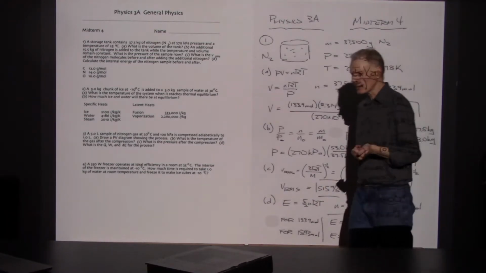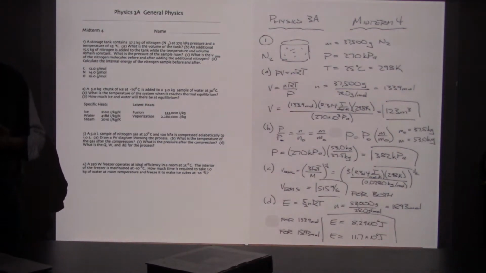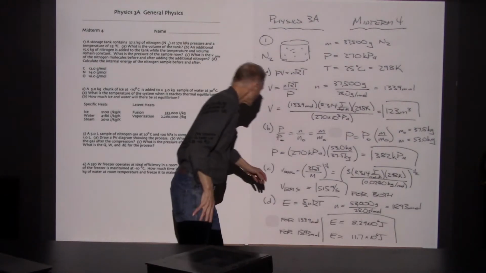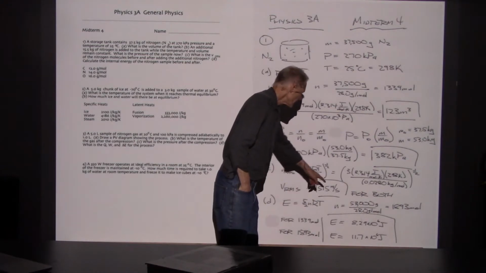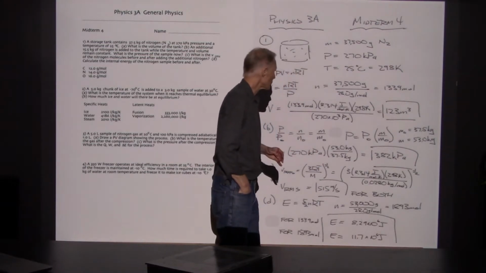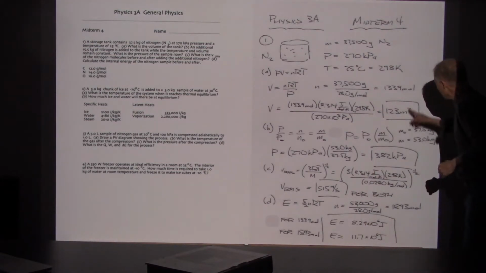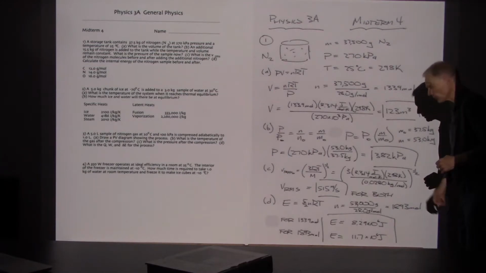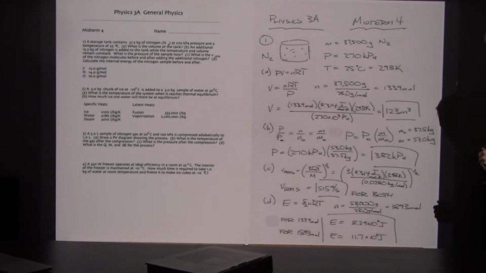Nitrogen is diatomic, which means I have to include translational and rotational kinetic energies. And so the internal energy values will work out to be 5/2 nRT. In this case, I did have to go in and calculate the number of moles. In the sample with the additional nitrogen, the number of moles went from 1,339 to 1,893 moles. So those are the internal energies before and after.